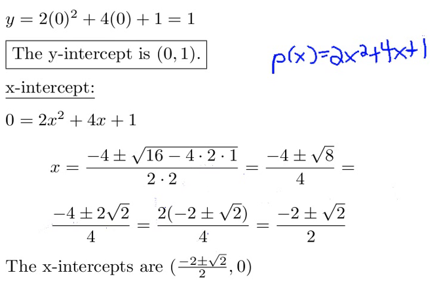Well, you could probably put plus or minus and that would really be an acceptable answer, probably. But in this case, I'm going to go ahead and separate this out, make it a little bit easier to read. So the two x-intercepts are this part, and then I'm going to do the minus part as well. And oops.